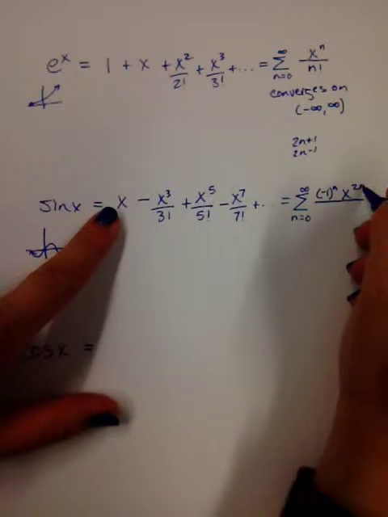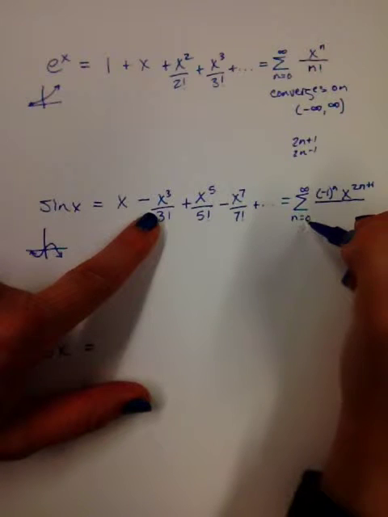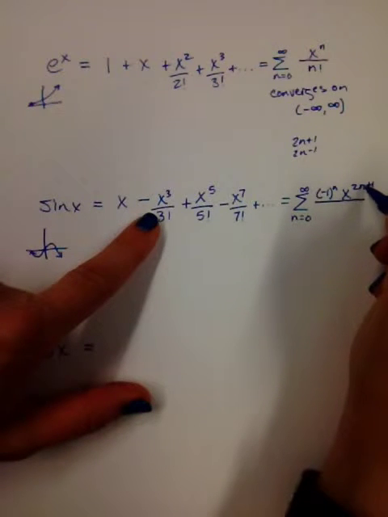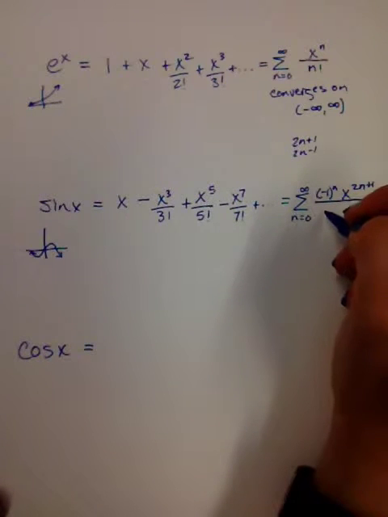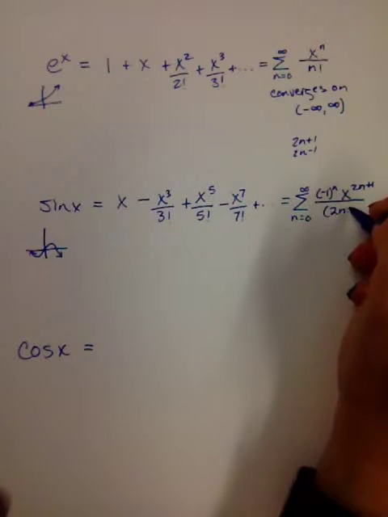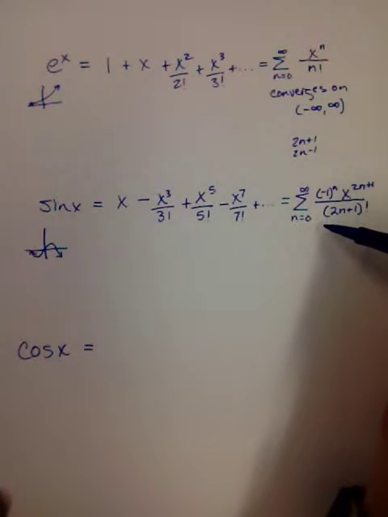So 2n, 2 times 0 is 0. I'm going to add 1, and then I'm going to check on my next term. So when n equals 1, it's 2 times 1 plus 1 is 3, so this will work. And that means my denominator will be 2n plus 1, in parentheses, factorial. And just like e to the x, this converges on negative infinity to infinity.